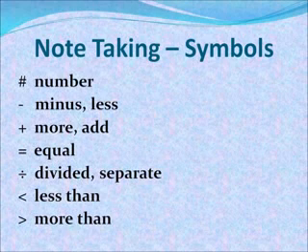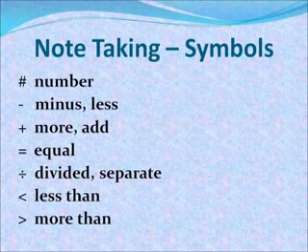Now, I'm starting with the mathematical symbols basically because they are of daily use and they're very familiar to us. Here we have the number symbol that can be used to represent number, the minus symbol, minus, less, the more, or the addition symbol.